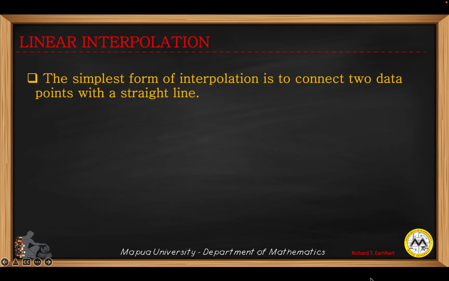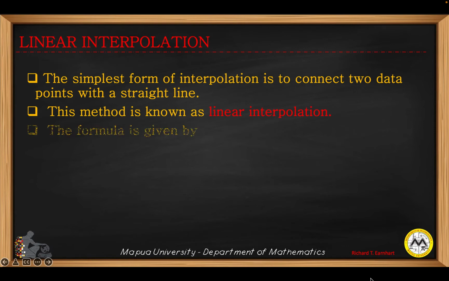The simplest form of interpolation is to connect two data points with a straight line. This is known as linear interpolation, and this is the formula.